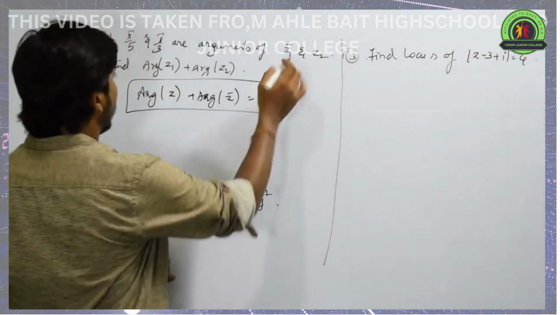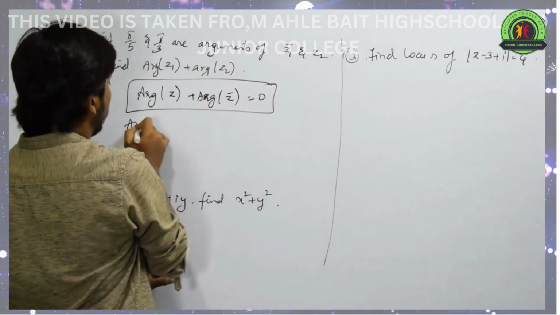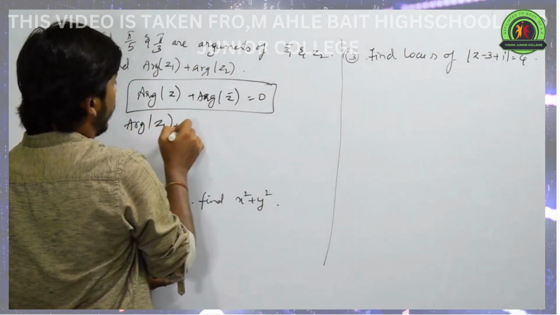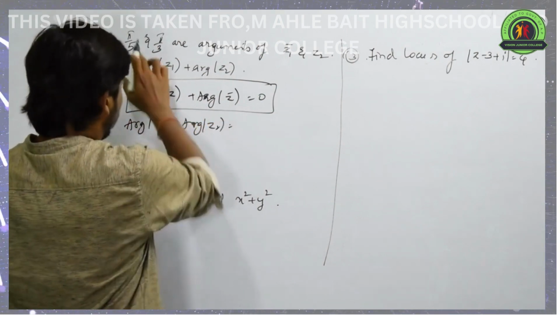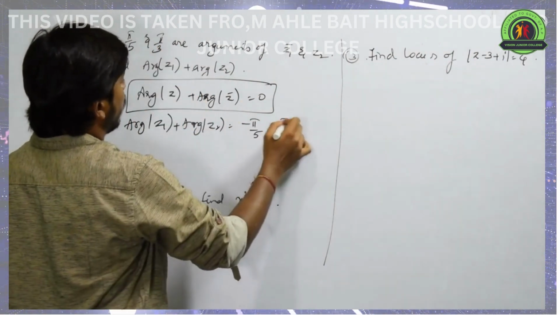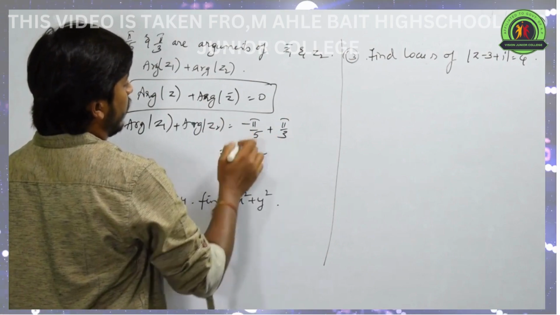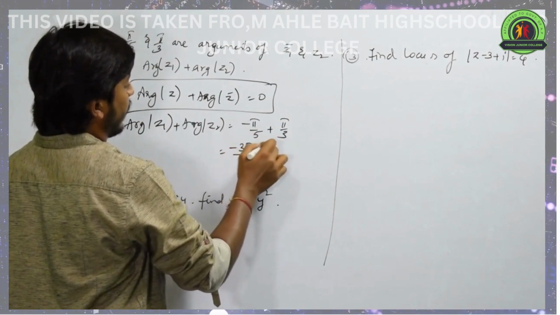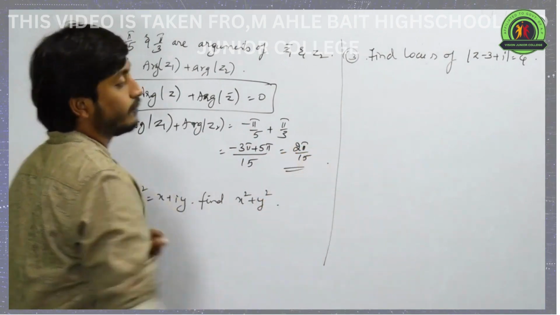So from this we can write the argument of z1 directly as minus pi by 5. So let us find argument of z1 plus argument of z2 directly. What is the argument of z1? Minus pi by 5. What is the argument of z2? Pi by 3. The LCM is 15. We will get minus 3 pi plus 5 pi, so I will get 2 pi by 15.